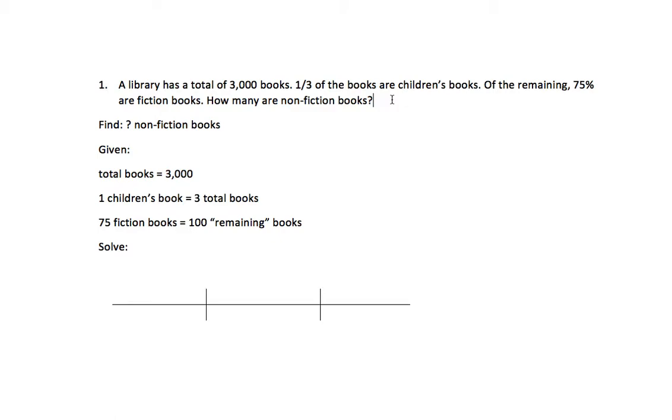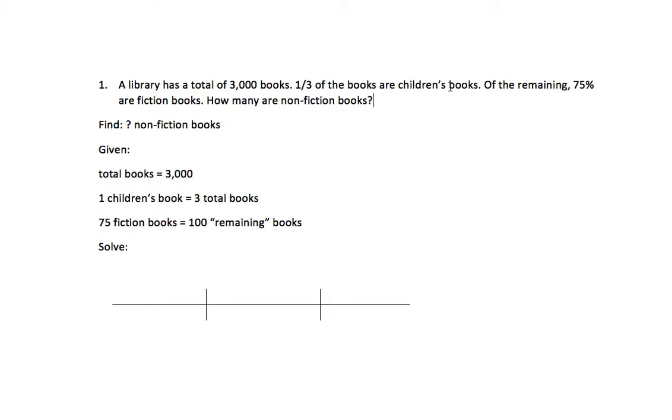And that's a reasonable assumption to make because any book is either a fiction or a nonfiction book. So the first thing we need to do is get rid of the children's books because when we're talking about the remaining, that means we need to subtract out how many children's books there are.